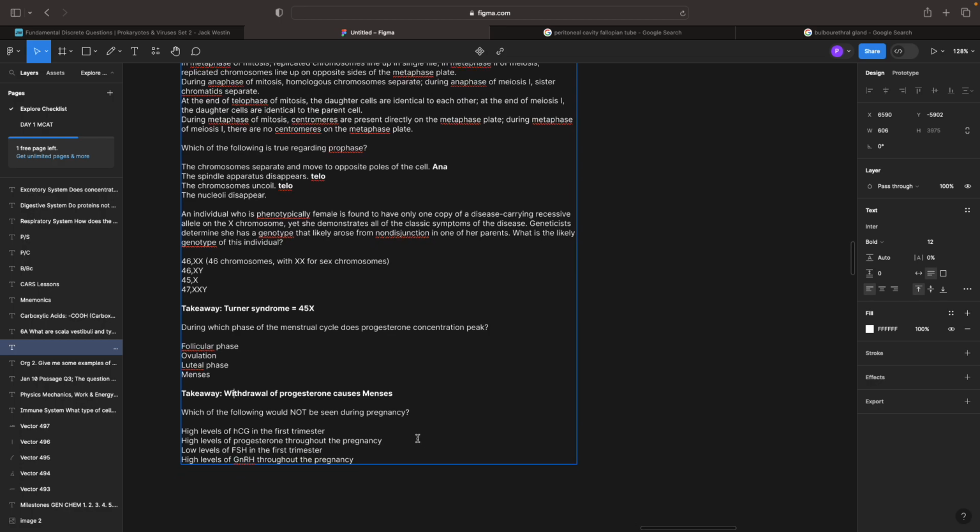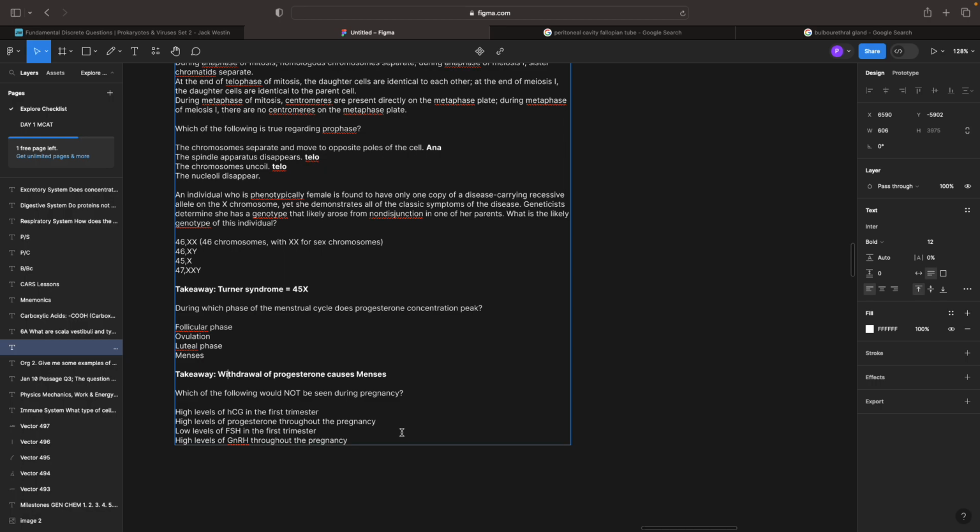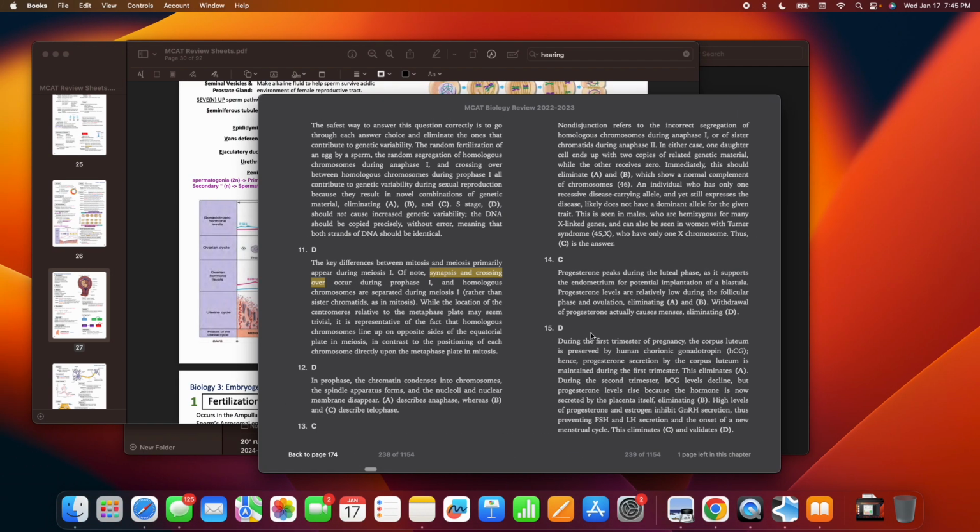Okay, last one. Which of the following would not be seen during pregnancy? Okay, what is HCG? In the first trimester of pregnancy, the corpus luteum is preserved by human chorionic gonadotropin, HCG. Hence, progesterone secretion by the corpus luteum is maintained during the first trimester.